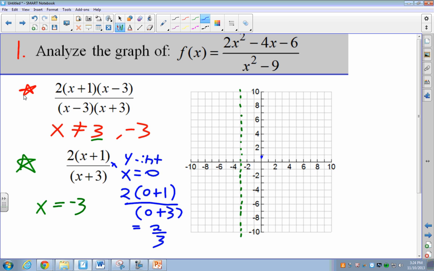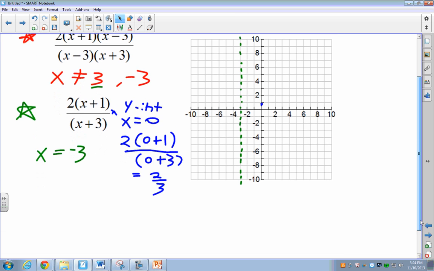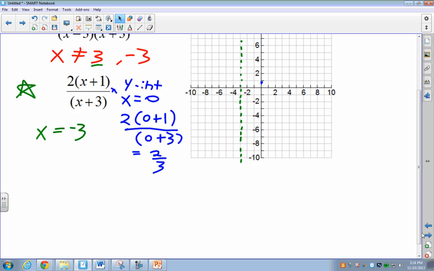Now we just have to find our x-intercept, and that's where we set y equal to 0. But the nice thing about the x-intercepts is that we just have to find where our numerator is going to equal 0. And that's because the numerator will equal 0, and therefore our y will equal 0.